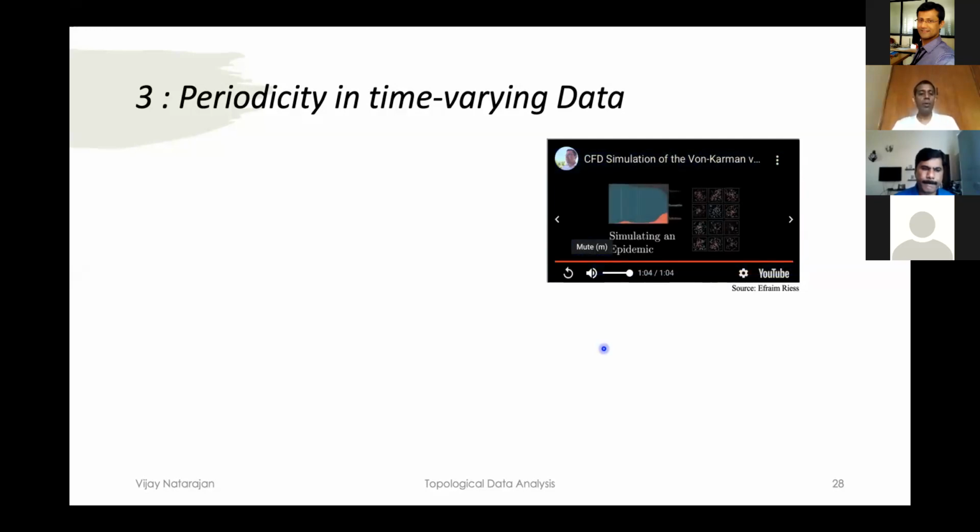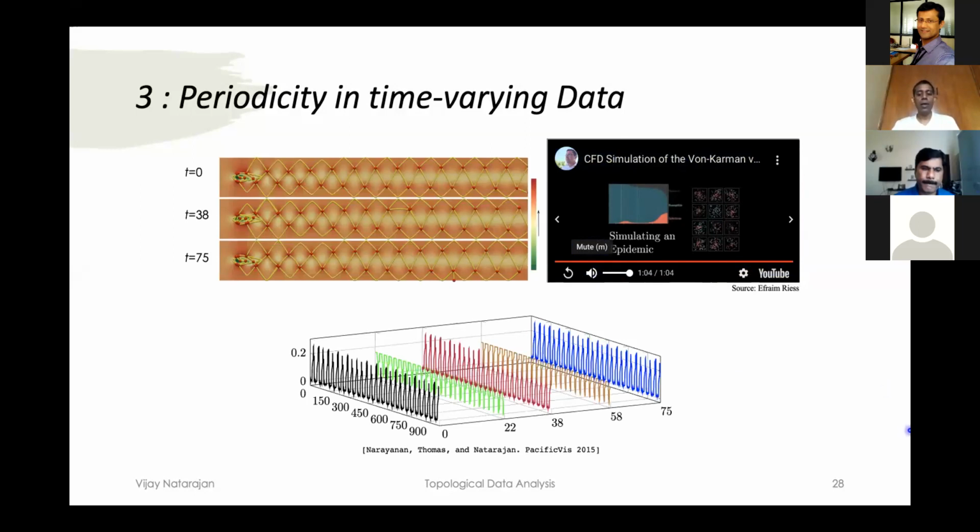What we were able to do is to analyze this data and identify the periodicity in these vortices. So these vortices were actually shed at regular intervals. And with a study of just the topology, we were able to identify this periodicity. The plot shows the similarity in the vortices between the first time step and the tth time step.